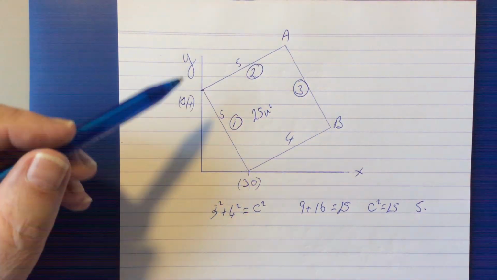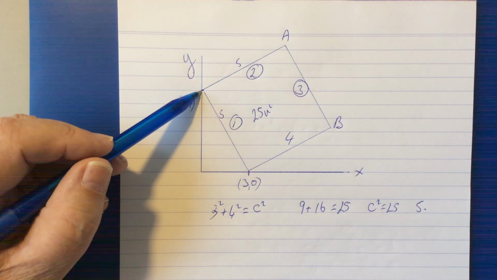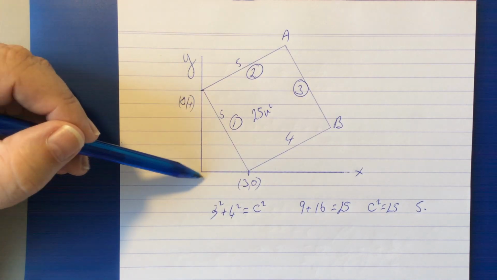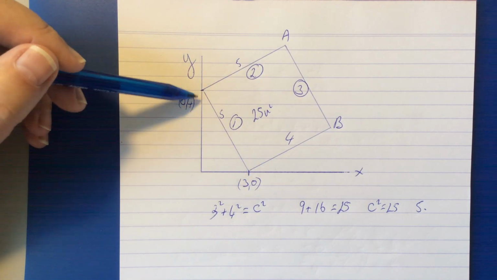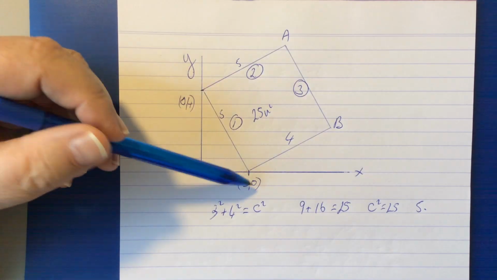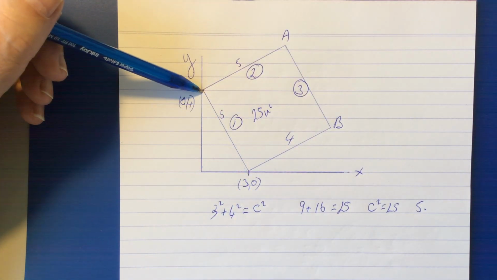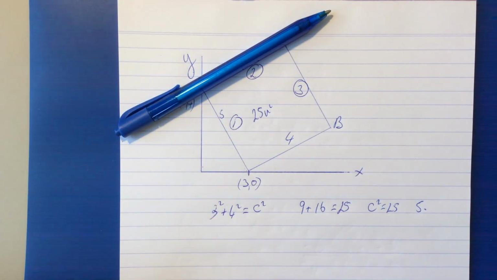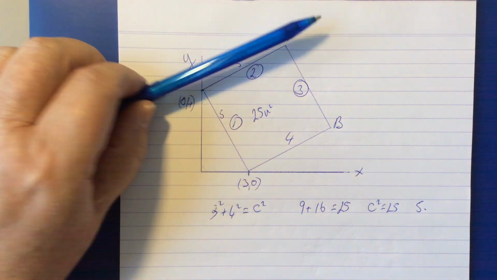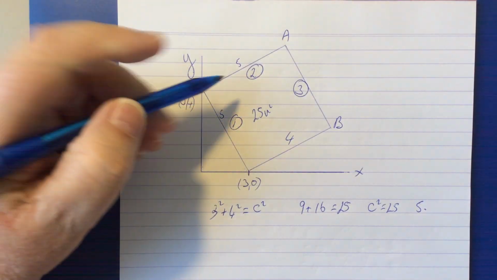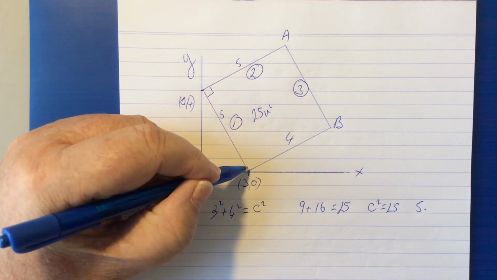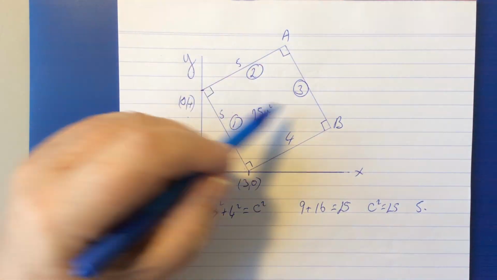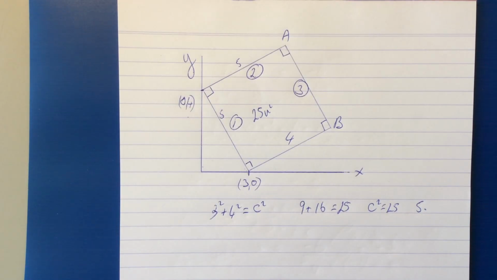Now, what do we know? We know that the gradient of this line is found by using the rise over the run. The rise is 4, the run is 3. This line has a negative gradient because it slopes that way. This line has a positive gradient sloping that way, and because this is a square, these lines are perpendicular to each other.